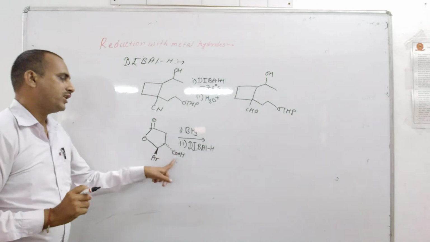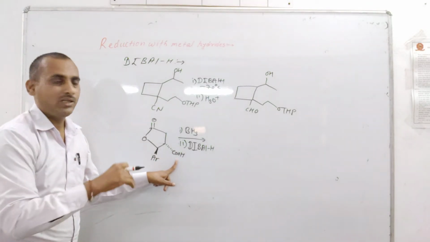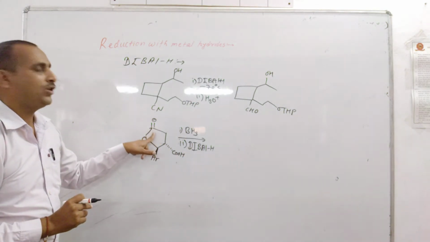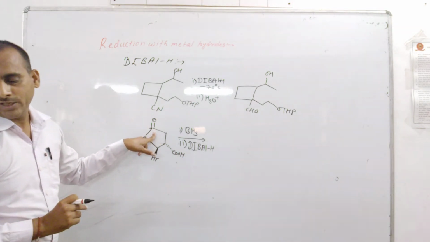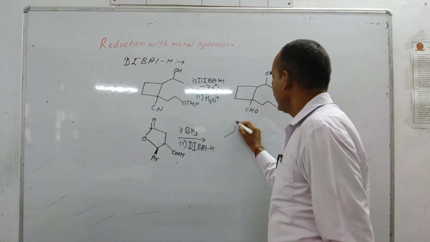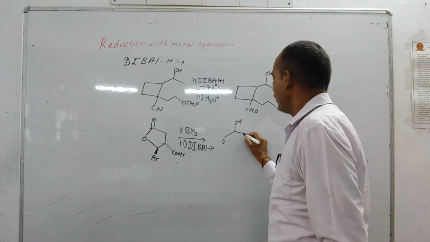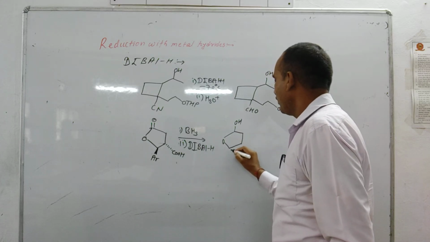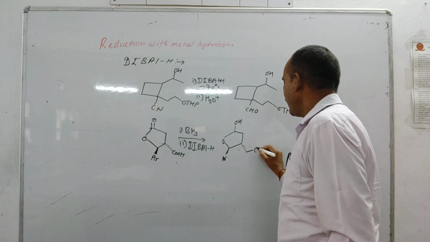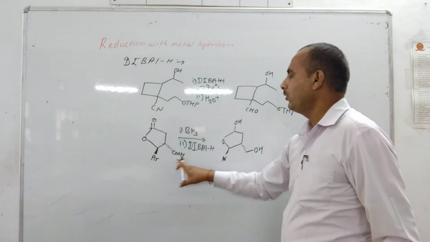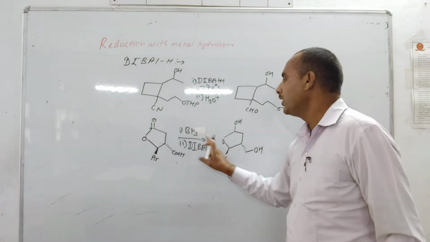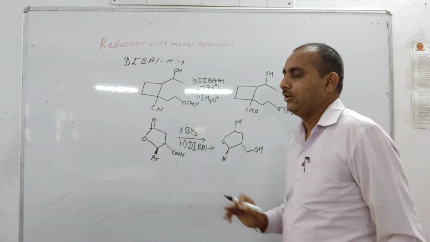The borane reduces the carboxylic acid, which gets converted to CH2OH, and by using diisobutyl aluminum hydride, this lactone gets reduced to lactol. The Ar remains as it is, this acid gets reduced to alcohol by using the borane, and the diisobutyl aluminum hydride reduces this lactone to lactol.